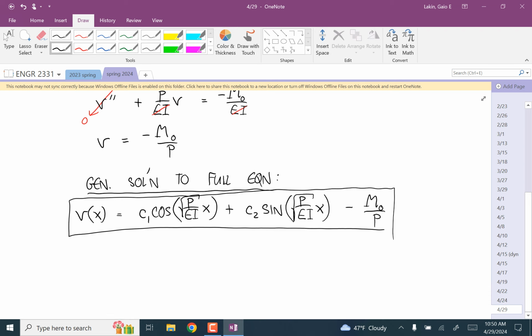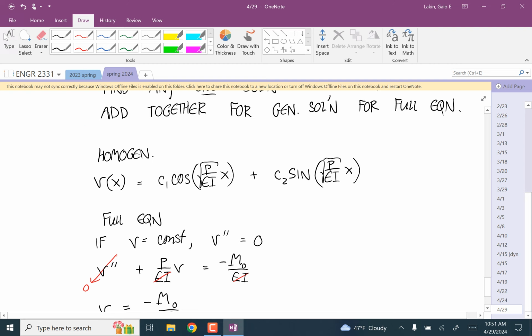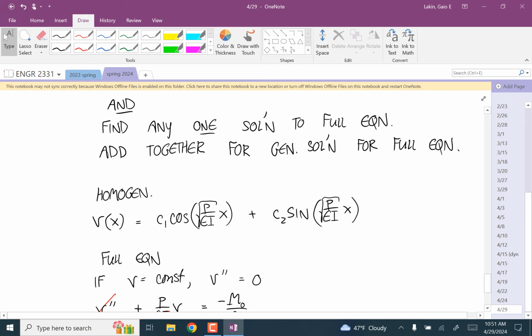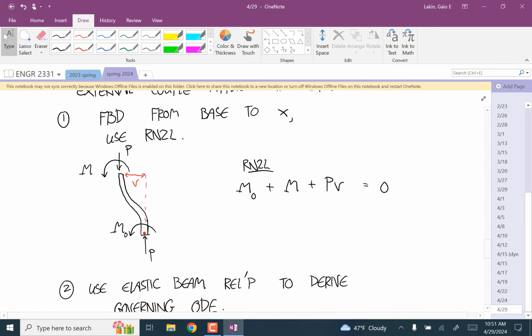Quick question on M naught. As M naught increases, does that mean we have less bending moment? It just means, based on the shape of the beam, I drew it in one orientation, but this could wiggle all over the place.